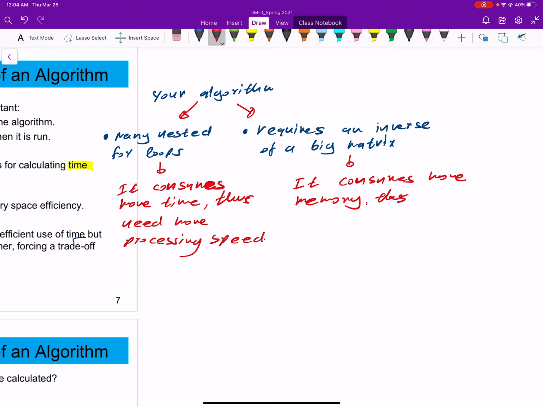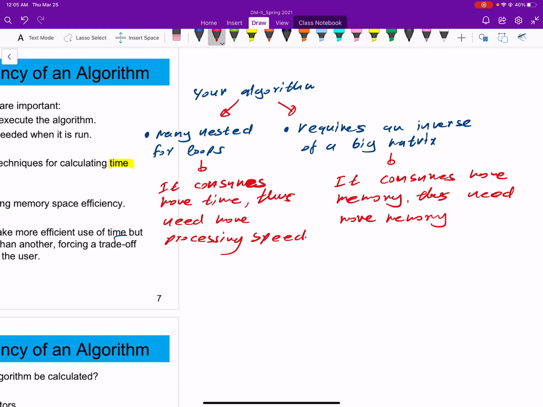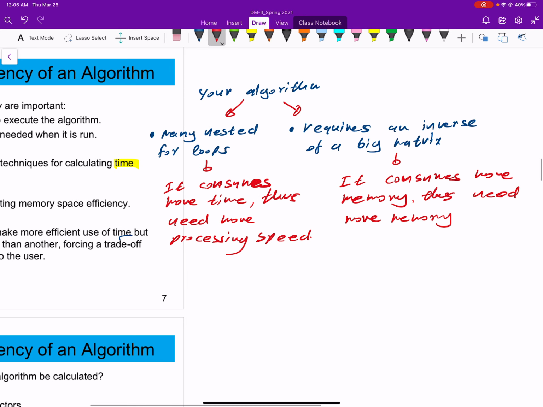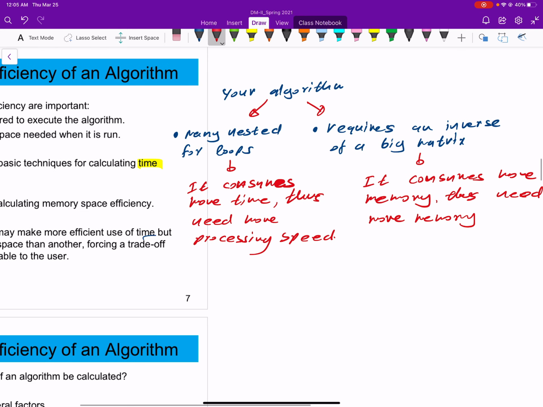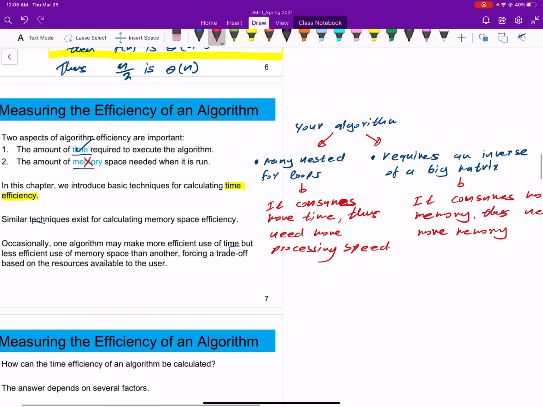So there are two cases. One case is the memory requirement. The other case is the processing speed requirement. This is good extra information for you.